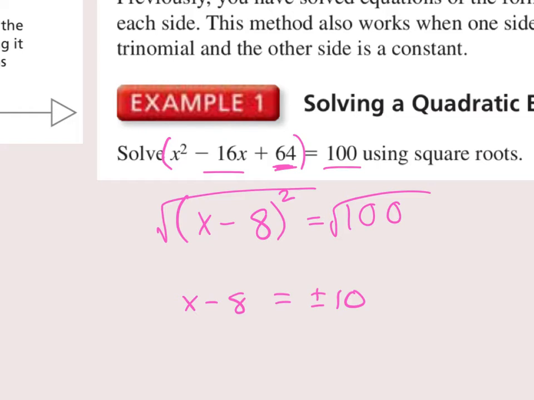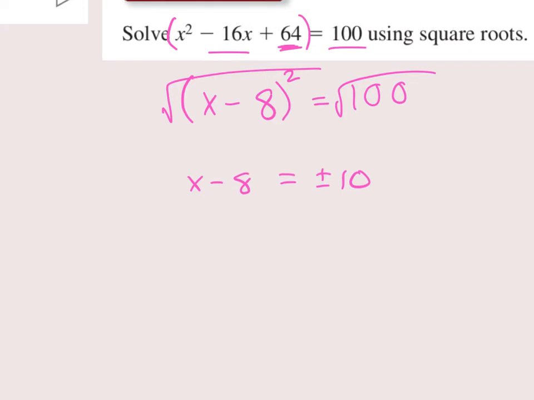All right, what do we do next? We would have to add 8 to both sides, but we want to split our equation up in two so we can see that we are accounting for the positive 10 and the negative 10.